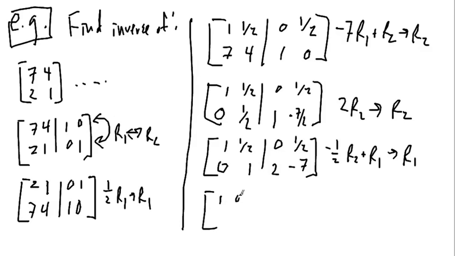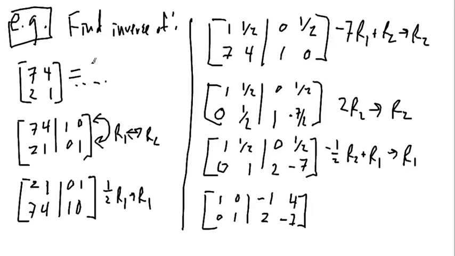And I get 1, 0 over here. Negative 1/2 times 2 is negative 1 plus 0 is negative 1. And negative 1/2 times negative 7 is 7/2, plus 1/2 is 8/2, which is 4. And that's what I get.